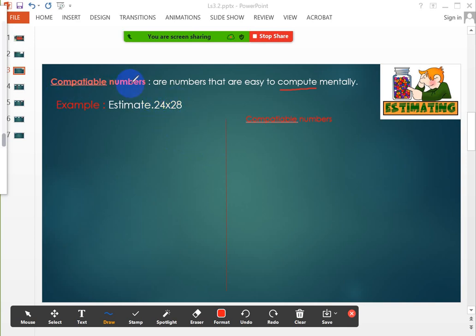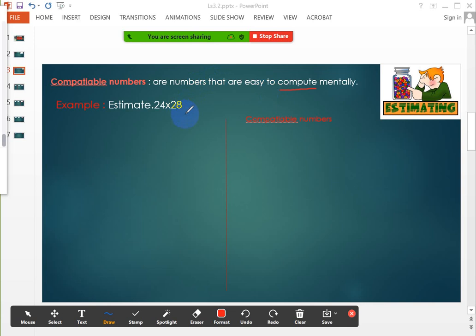Compatible numbers means suitable numbers to each other, so I can calculate those numbers mentally. Easy. In my mind, I can find the multiplication. Most times, the ones digit becomes 0 or 5 in compatible numbers.